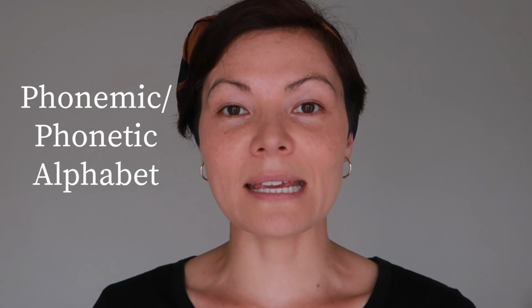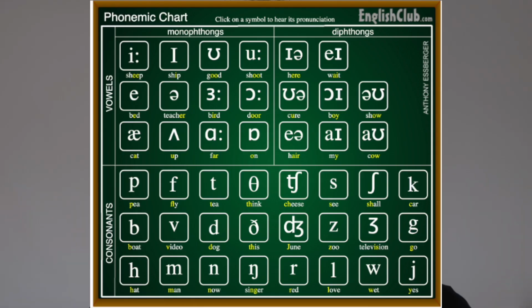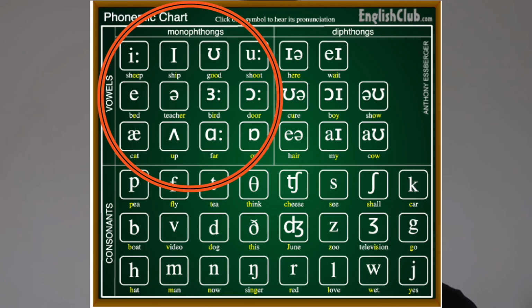So actually there is something called the Phonemic Alphabet, which is online and you can find, and basically it's a separate alphabet from the English alphabet which tells you the pronunciation of some sounds or letters or words. So today we're going to focus on the 12 monophthongs, which is part of the phonemic alphabet.